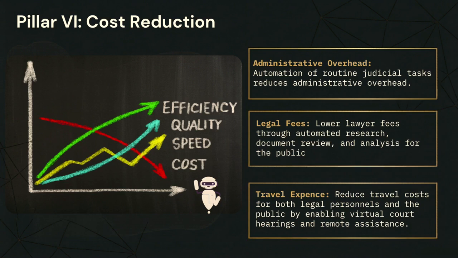AI can handle document review and analysis, which lowers the cost of the lawyer's fee for the public. And as it enables online hearings or virtual court hearings or remote assistance, it lessens the burden of travel expenses as well. So it is a benefit for both legal personnel and the public.